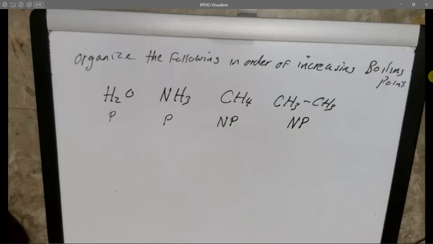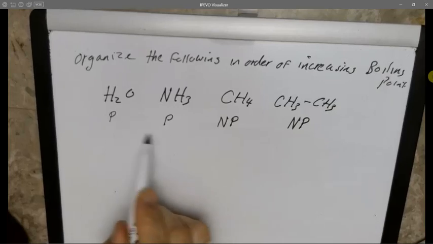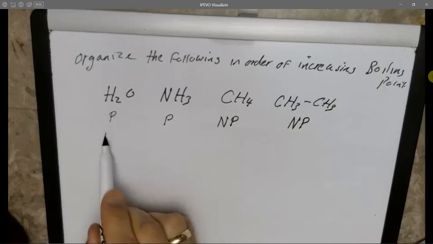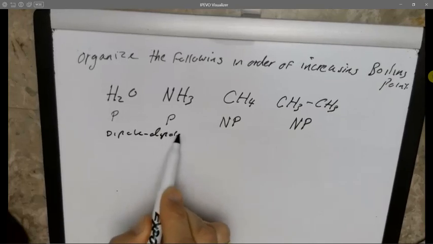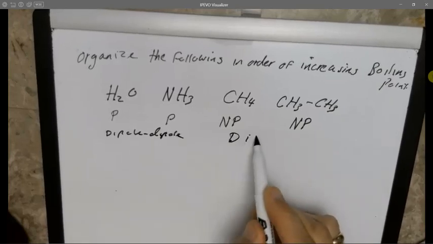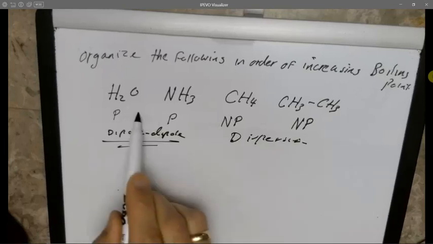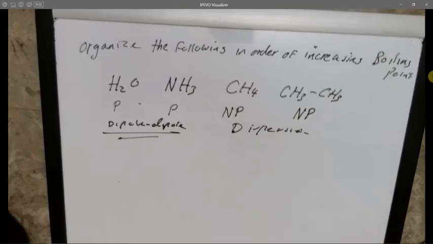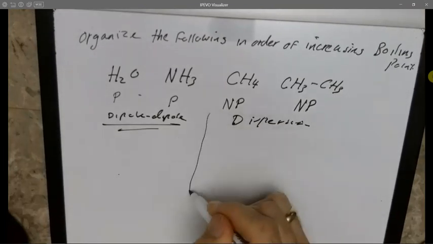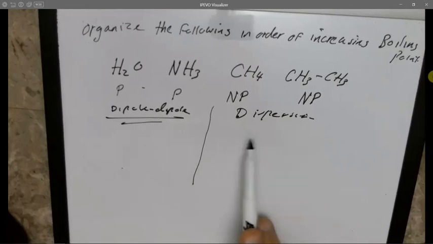So, in order for me to organize them, I have to recognize that these here are going to be dipole-dipole. Both of these. And these two are going to be dispersion. So right away I know that H2O and NH3 are going to be to the right. They're going to be stronger. Okay. So I'm going to have to compare them separately. So which of these is stronger, and then which of these is stronger?